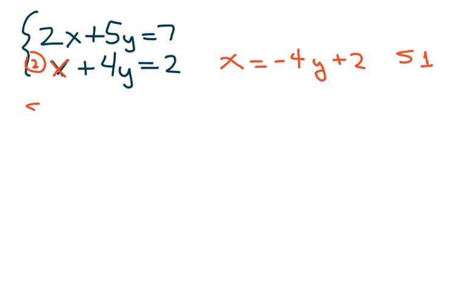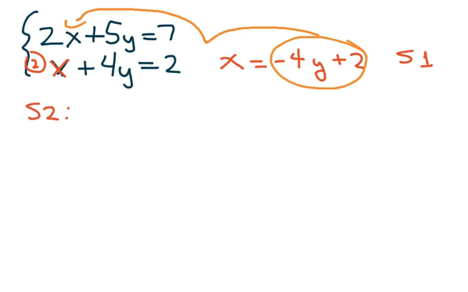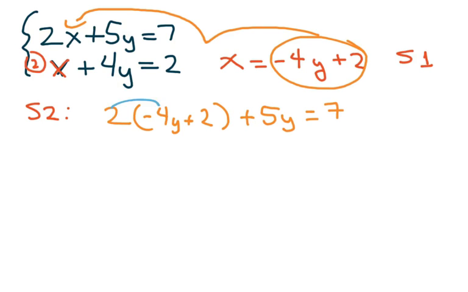Now step 2, I'm going to substitute this into my x value here. So everywhere there's an x, I'm going to write in my equation. This is the part where you're going to make a mistake, so be very careful with this.